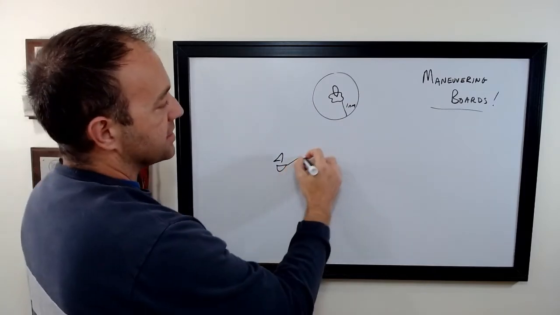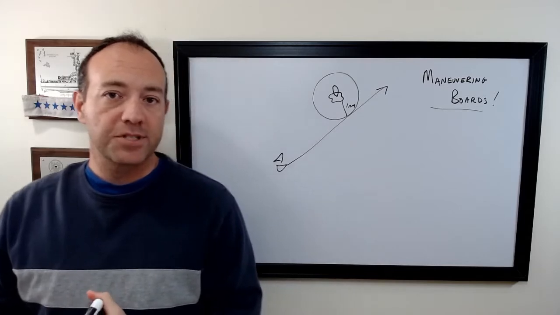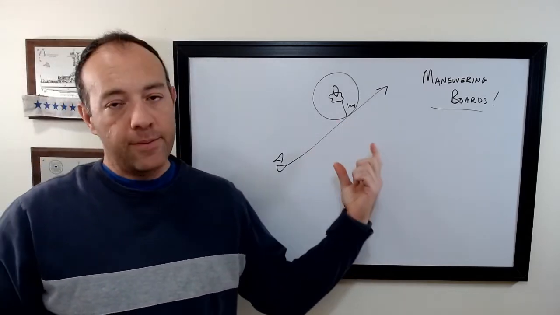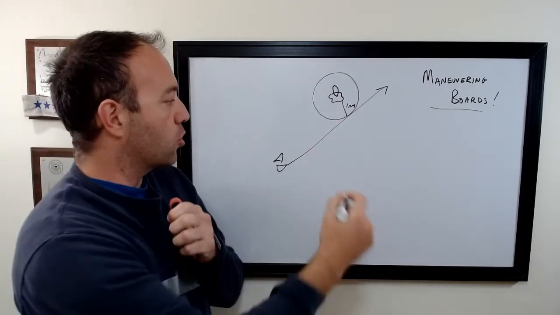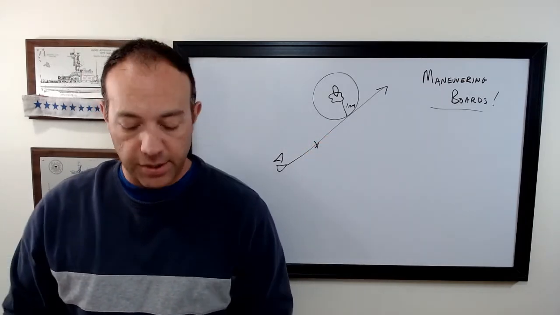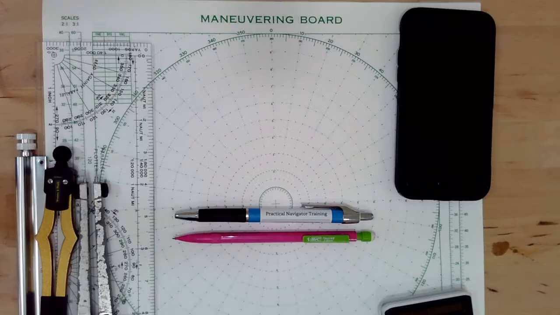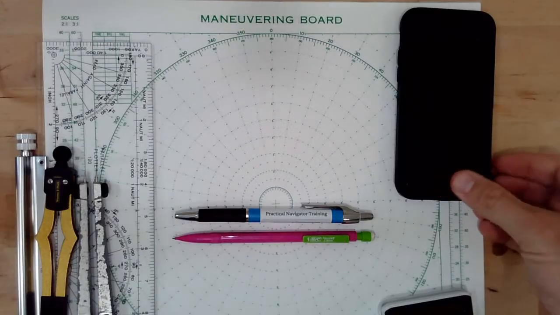What course do we need to steer in order to do that? So we're going to use the maneuvering board to solve those kinds of problems, including what time we'll be there, and maybe if we change course at a later time, what our course to steer or our time is going to be.